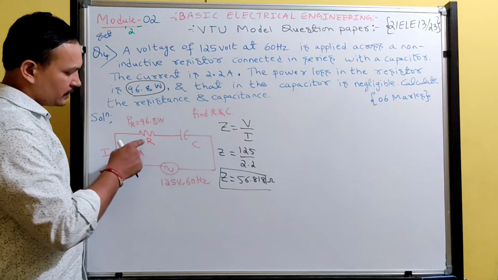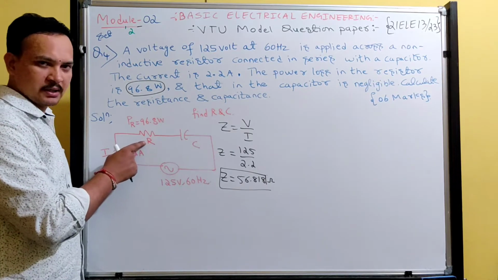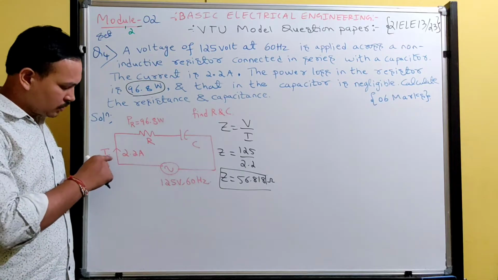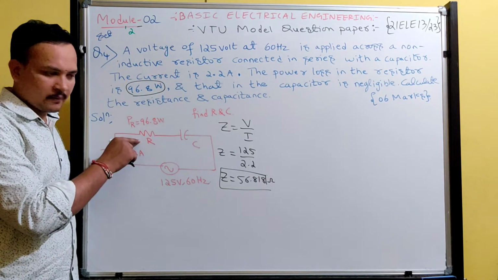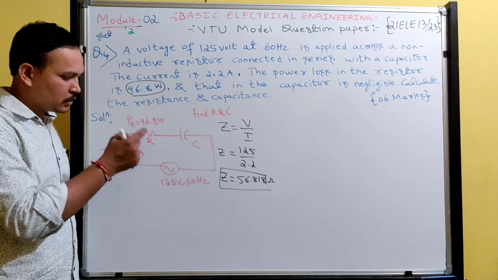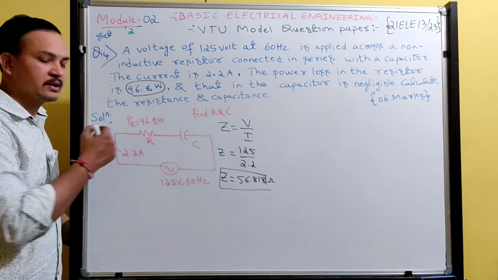Now, they have given the resistor, and in that resistor this much power is consumed. You know the current flowing in the resistor. By knowing the current and power dissipation in the resistor, you can easily find the value of resistance.